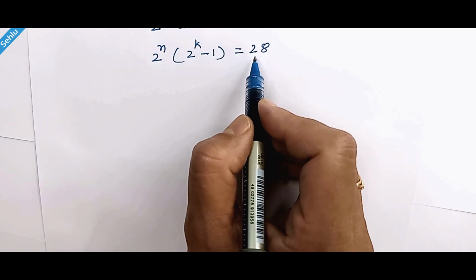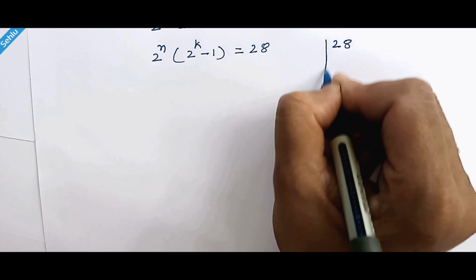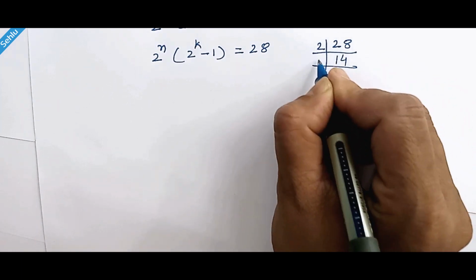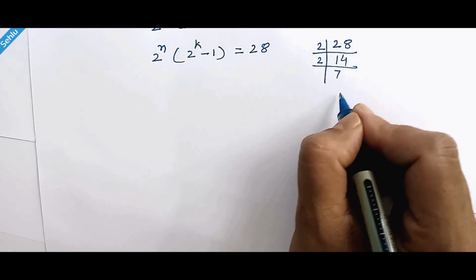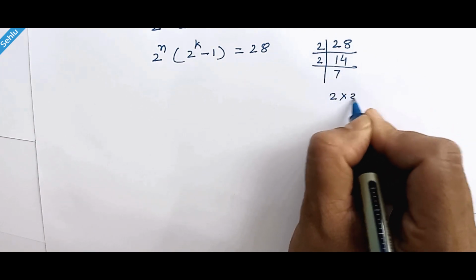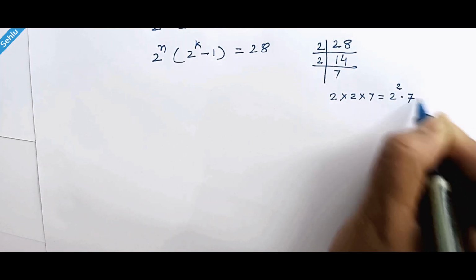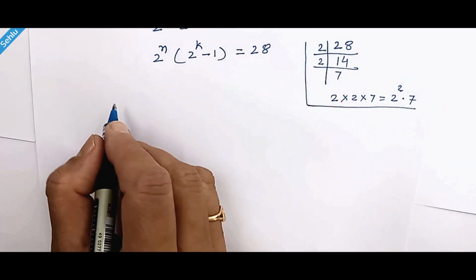Now we will split 28 into factors. 28 divided by 2 is 14. 14 divided by 2 is 7. And 7 is a prime number. So we can write it as 2 times 2 times 7, which is 2 square times 7. Let's put this in place of 28.